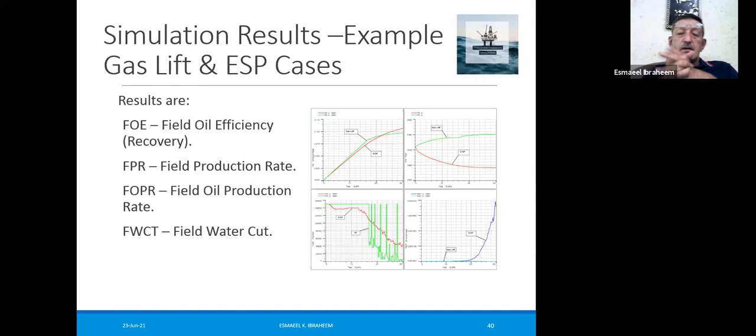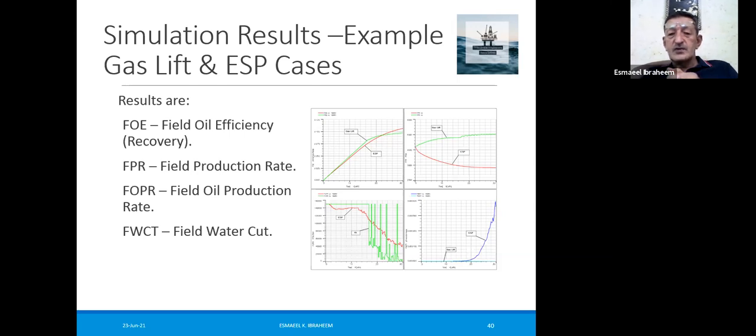Here we have some example results from the simulator. In this case, we have gas lift and ESP cases. We compare between them to see which is the best one, either the gas lift or the ESP.